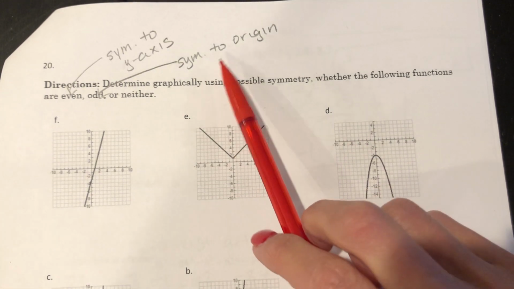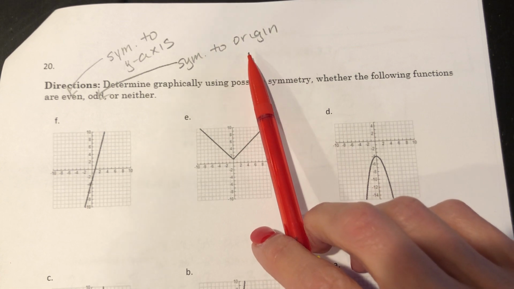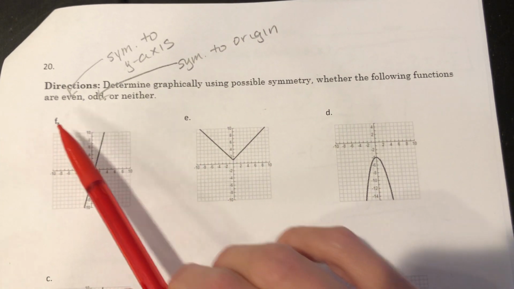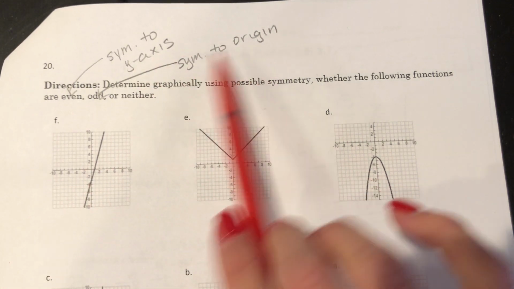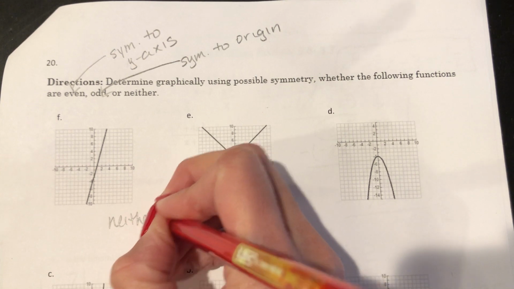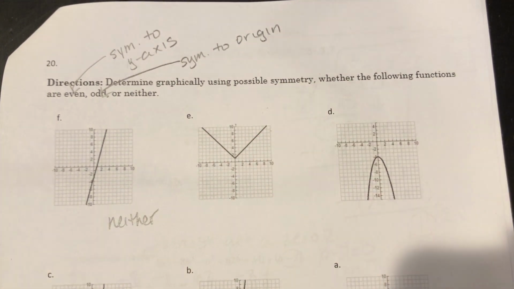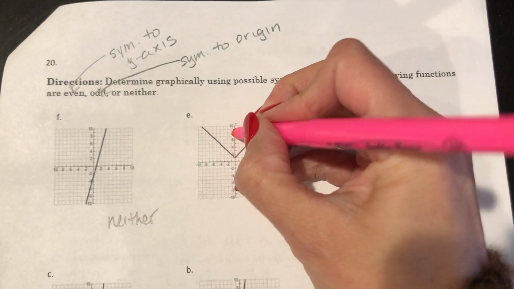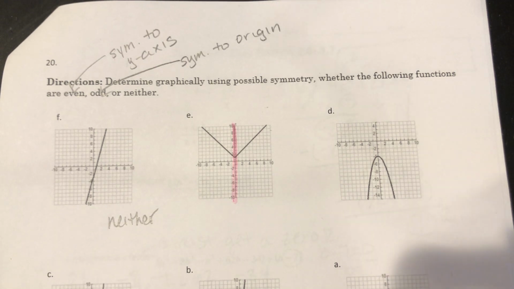And then keep in mind, in order for it to be symmetric to the origin, it has to pass through the origin as well. So F has neither y-axis nor origin symmetry, so this is neither. E is symmetric to this y-axis here, so that makes it even.